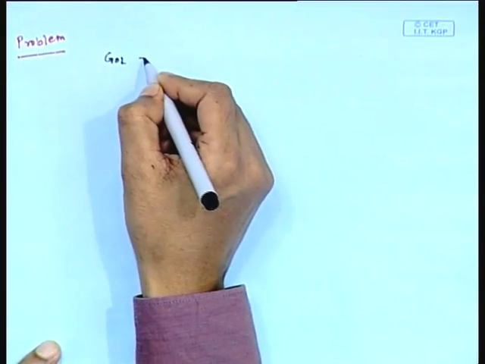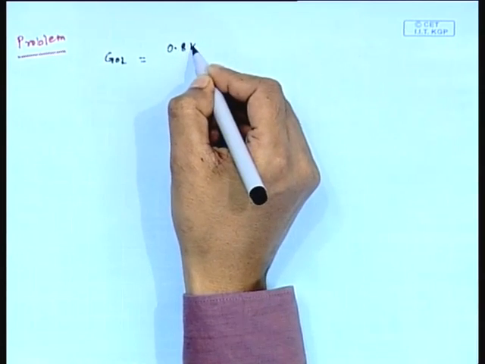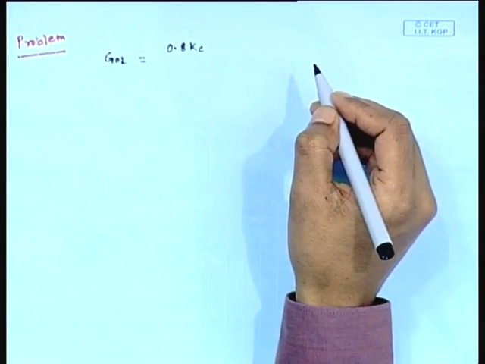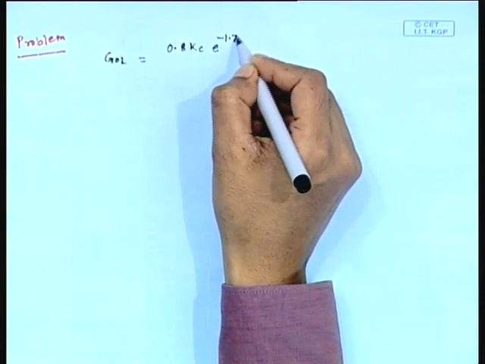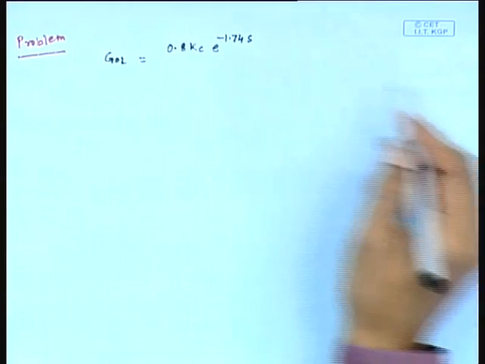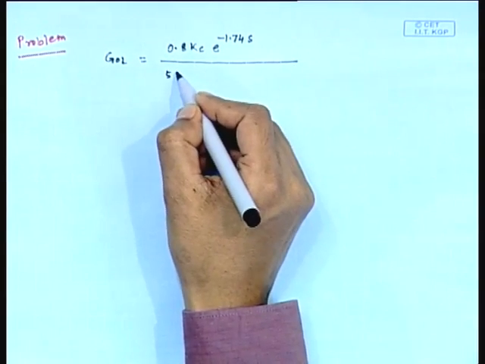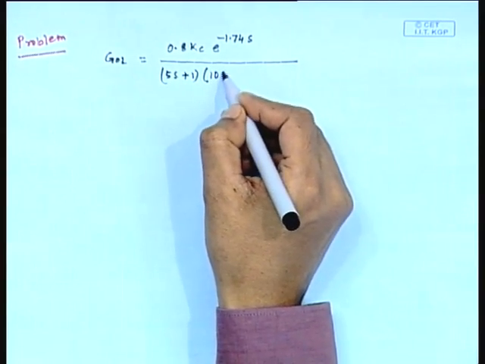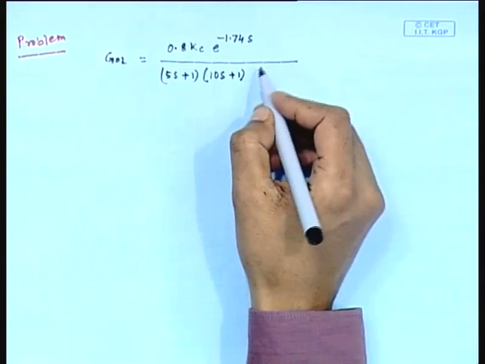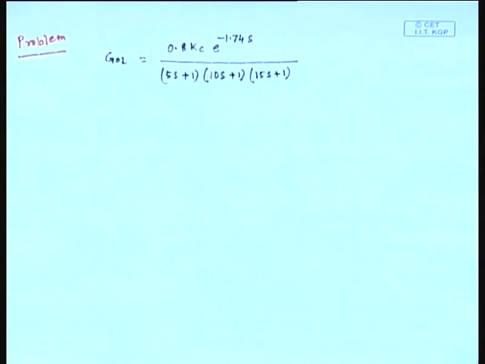The open loop transfer function is given as 0.8 Kc exponential of minus 1.74 s divided by (5s plus 1)(10s plus 1)(15s plus 1).